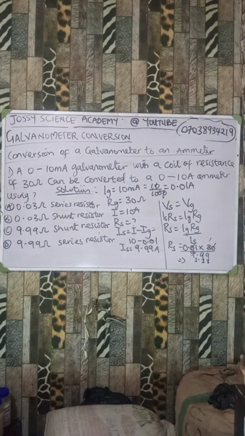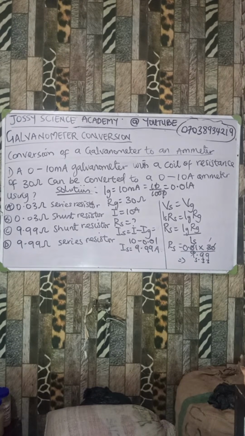The answer is 0.03 ohms. We have two options that have that answer, A and B, they have 0.03 ohms. So which particular one is the correct one? We have 0.03 ohms series resistor and 0.03 ohms shunt resistor.